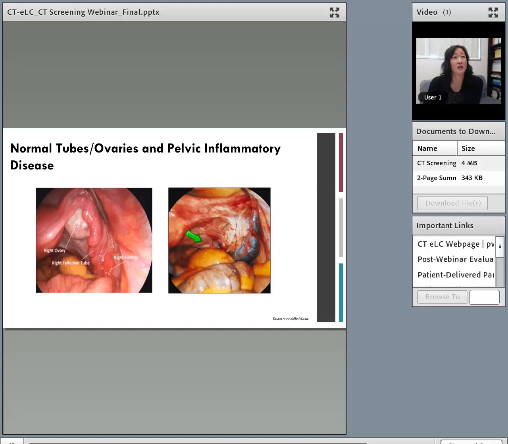So you'll see here on the right that the normal anatomy is quite distorted, and these thick bands of scar tissue are, when you have to burn through them during the surgery to try to free up someone who's got infertility due to adhesions from PID, like duct tape. It's very fibrous, it's very thick, and you can see how it would distort the normal anatomy and how someone could end up with infertility because of this.